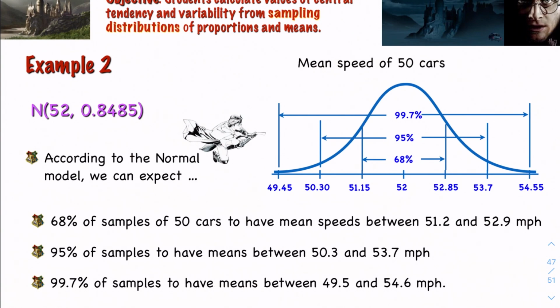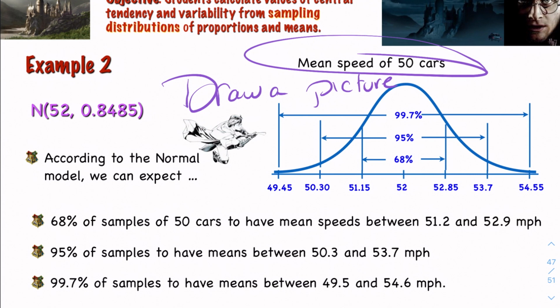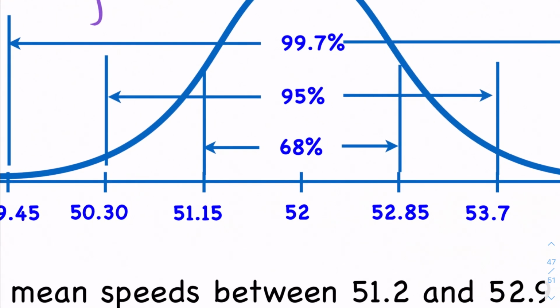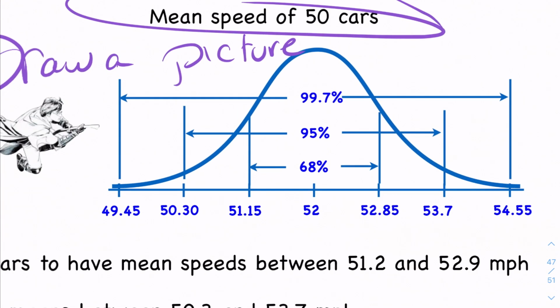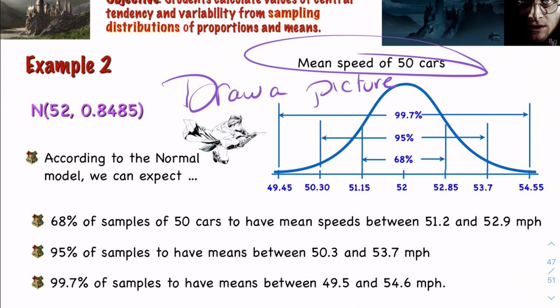So according to the normal model, again, draw a picture and we label it the mean speed of 50 cars. We have our mean with our standard deviation, or standard error, I should say, which would be 0.8485.